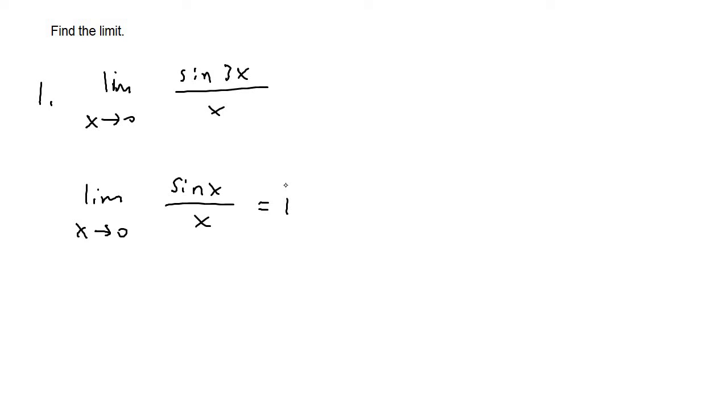So what I'm going to do here is multiply by what's known as a clever form of 1. So I need to multiply by 3 over 3, because it's the same thing as multiplying by 1. And what I'll be able to do is move this 3 to the numerator, because when I multiply, we will get 3 sine 3x over 3x.